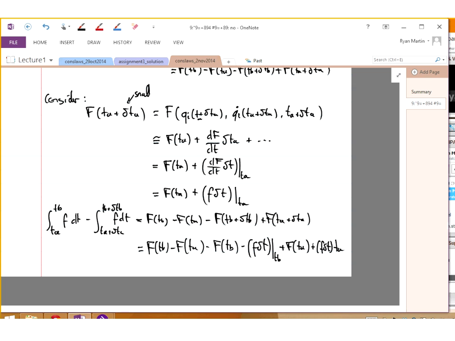Okay. So now we have the capital F's evaluated, and the TA's and TB's cancel, because I have capital F at TB minus capital F at TB. So this term cancels with that one, and the F at TA terms cancel as well.